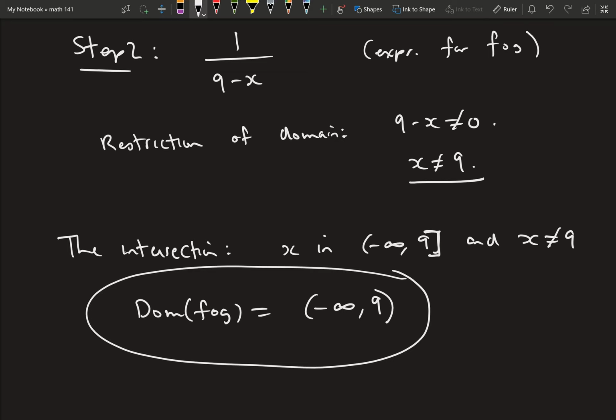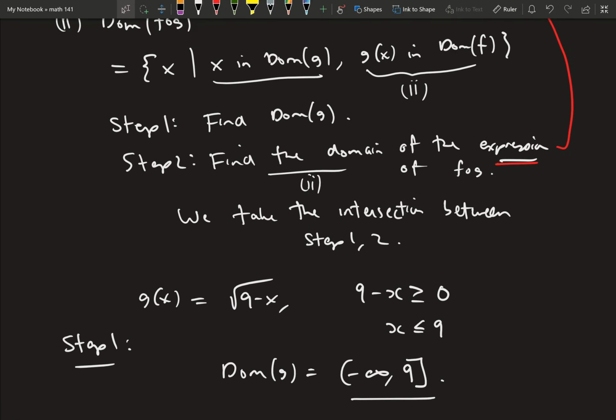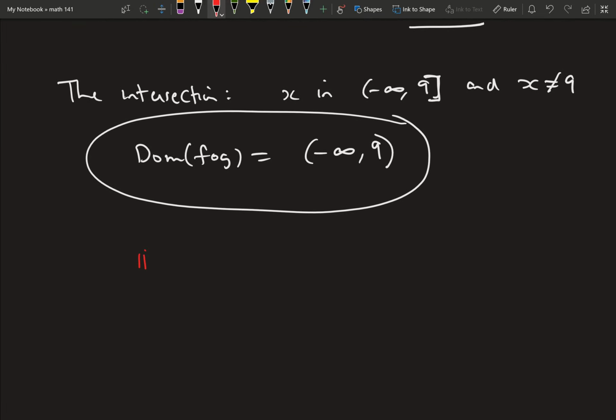Okay? So I guess one thing that I'm going to explain, if you're satisfied with just doing this as is, that's great. I just want to talk a little bit about how this condition 2 is taken care of when you find the domain of this expression. Well, notice, so condition 2 here, and let me do this in a different color. Remember, f of x was 1 over x squared, and g of x was the square root of 9 minus x.